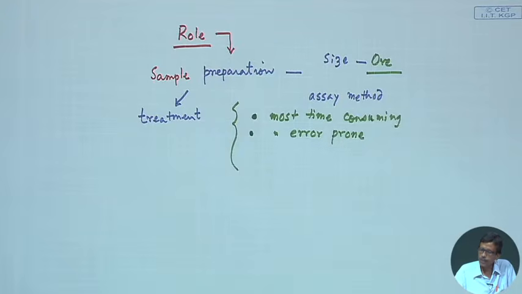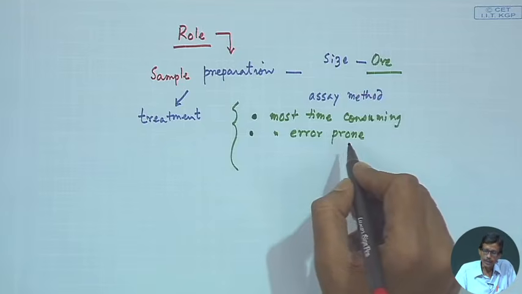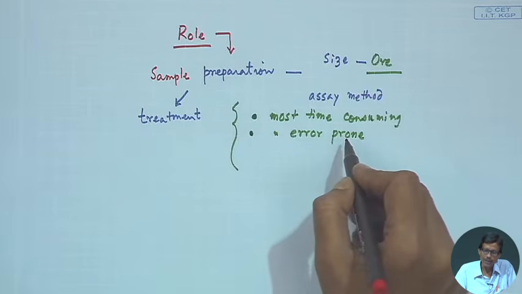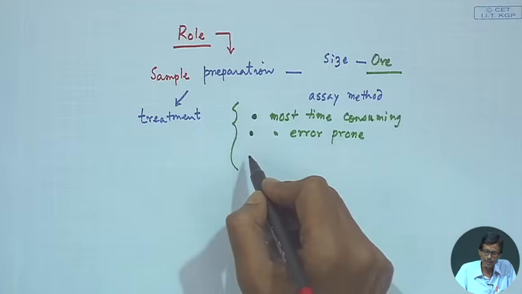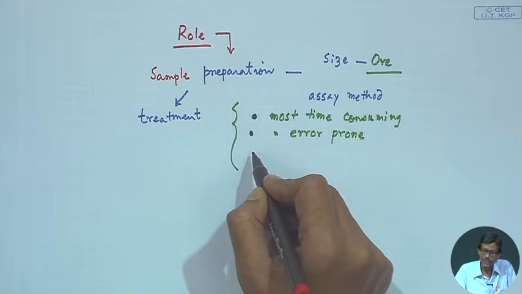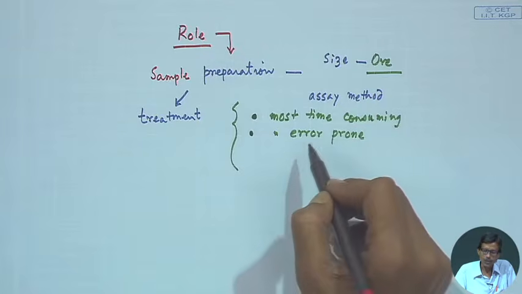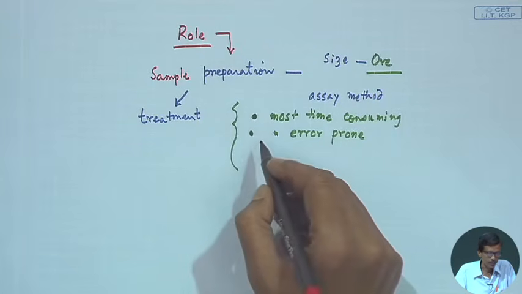That means, if we are not careful enough to take the required precautions, something can happen such that our desired form of the analyte from the raw sample is not possible to achieve.